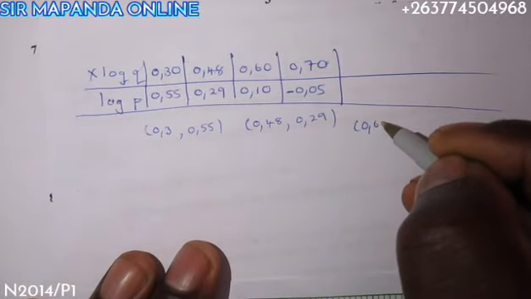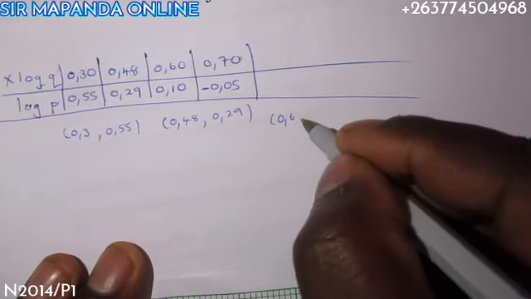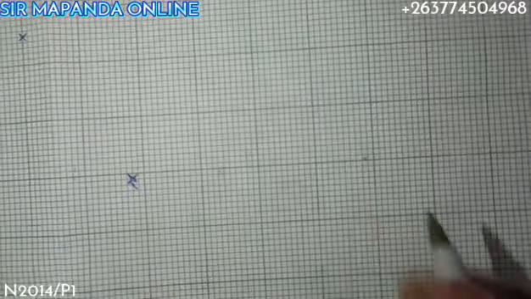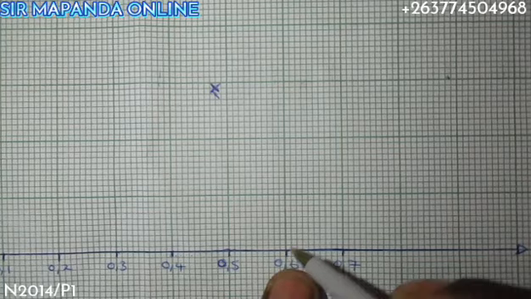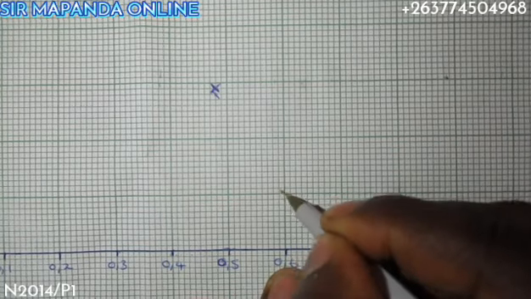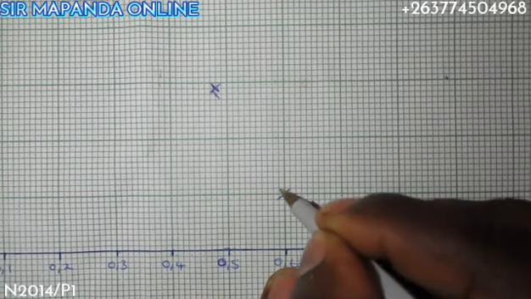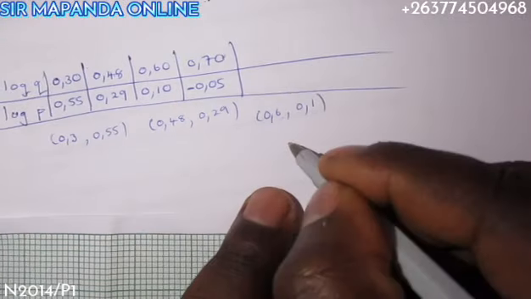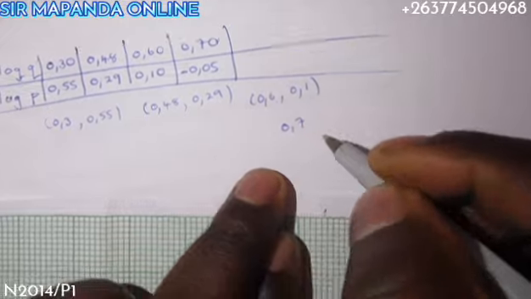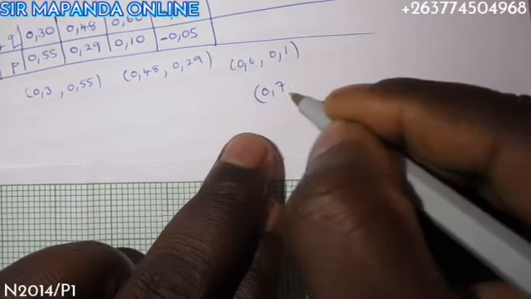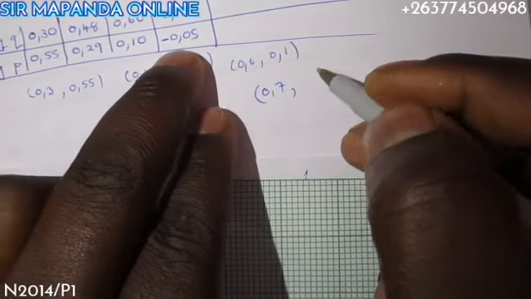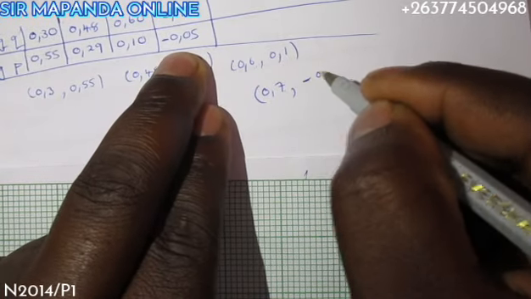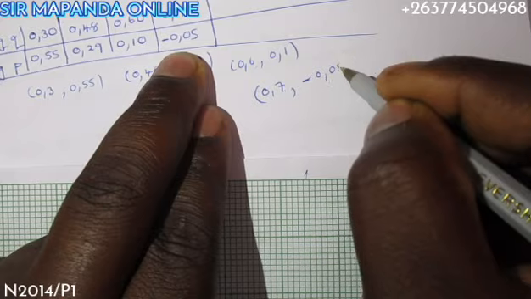0.60, which is as good as 0.6 against 0.10, which is as good as 0.1. So this is 0.6 here, 0.1 here. You put your point there. Then you move on to the last one. You have 0.70, which is 0.7 against 0.05. But this is negative 0.05.